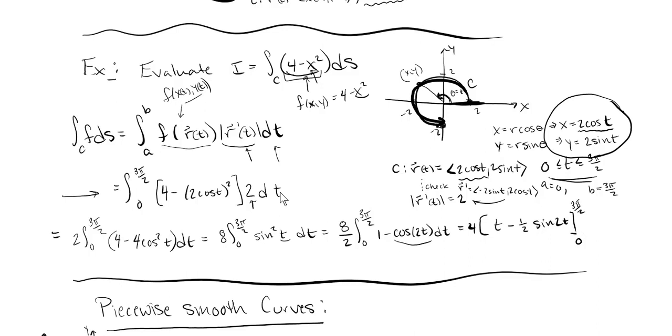Okay, from here it's pretty easy. I'll evaluate what I can, when I can. 4 out front. The t evaluated from 0 to 3 pi halves is 3 pi halves. That's from the t term, minus 1/2, but the sine term gives me a top and bottom. The sine term at the top is going to be sine of 3 pi, which is 0.